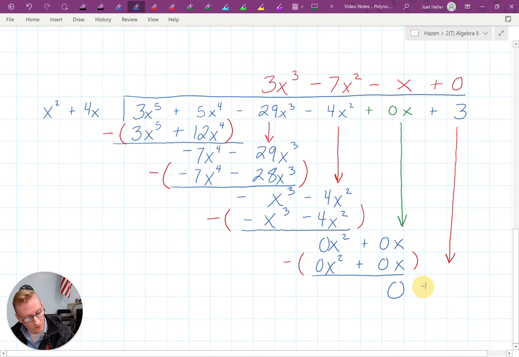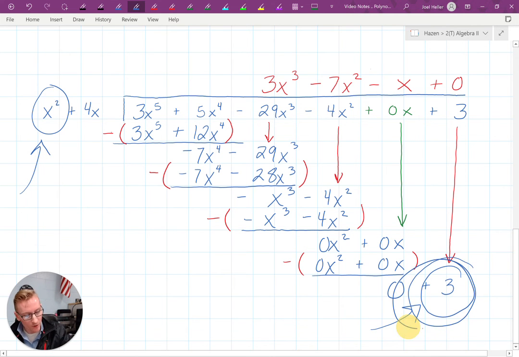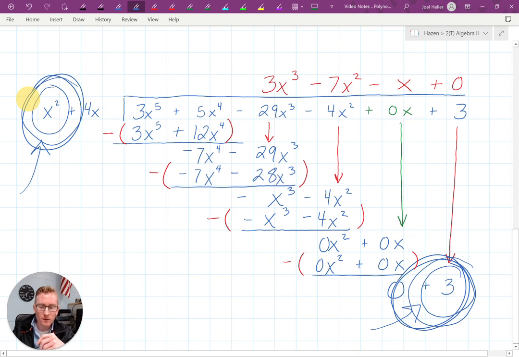And I bring down the plus 3. Now, look at this term right here, this plus 3. That plus 3 doesn't have an x on it. The exponent on that 3 is smaller than the exponent that's up here. Basically what ends up happening is once I hit a number down here that has a smaller exponent than the polynomial that I'm dividing by, the polynomial out here, I know that I've reached the end of my polynomial division.